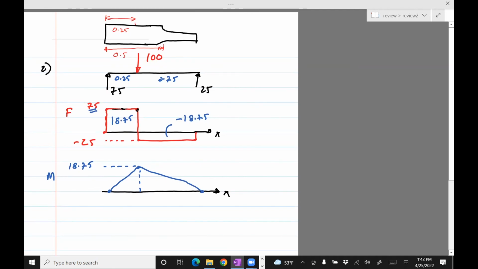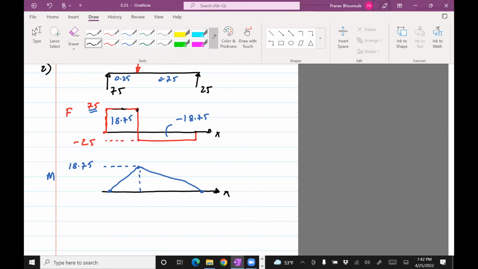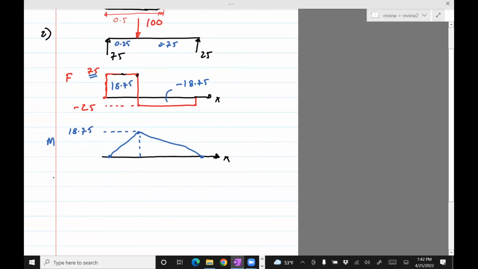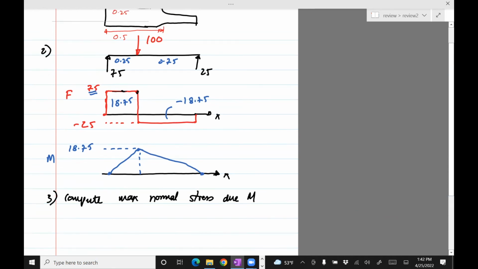It's maybe not too much work, but just to give you the flavor of stress concentration, let me deal with the problem that needs less computation. So I'm just going to compute the max normal stress due to M.